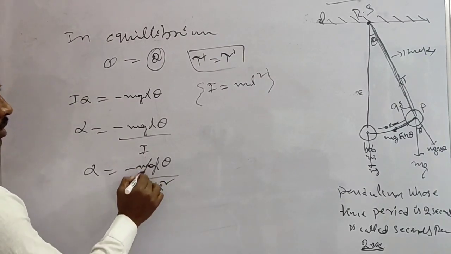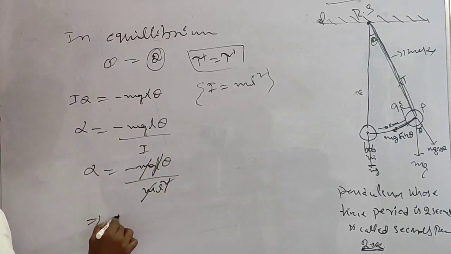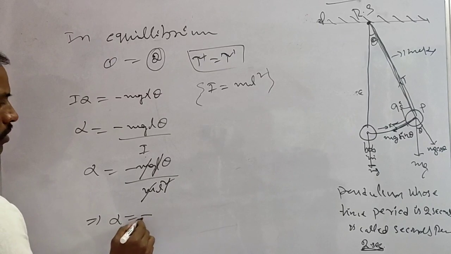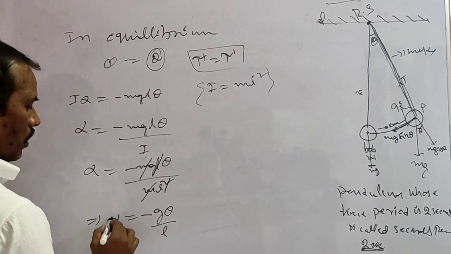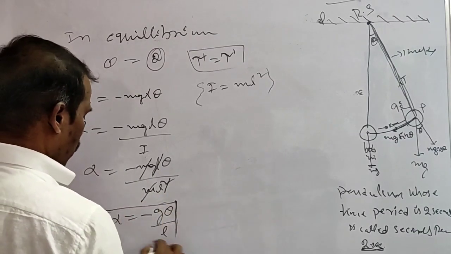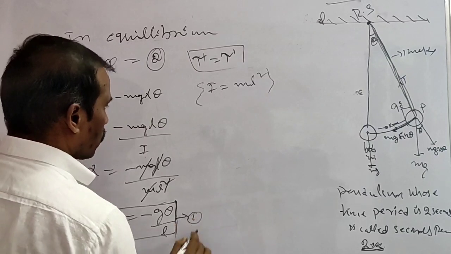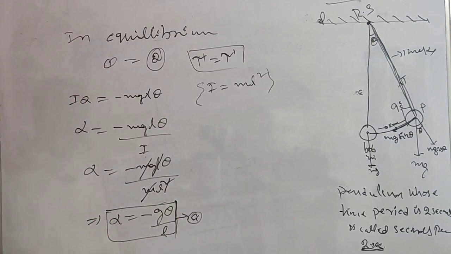Now one L and m get cancelled, which simplifies to minus g theta by L. This is equation A, for example.